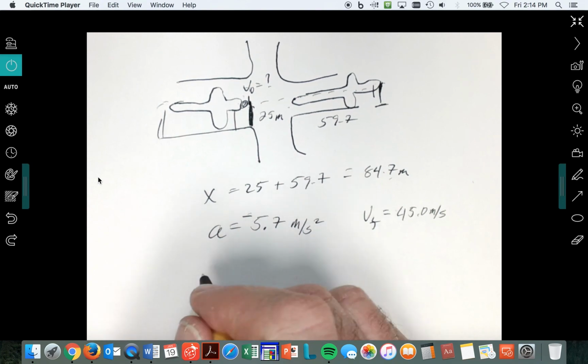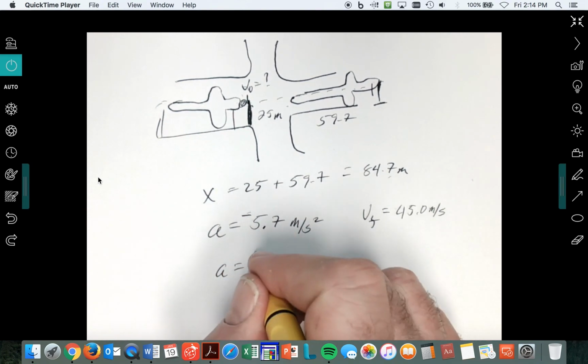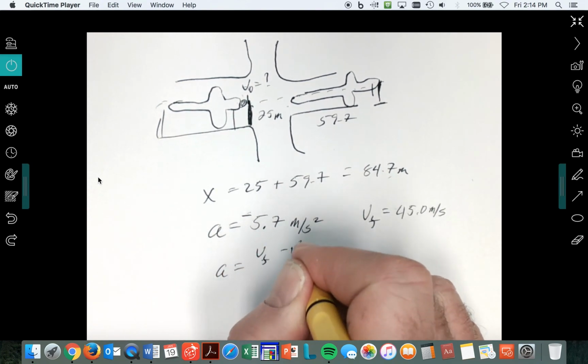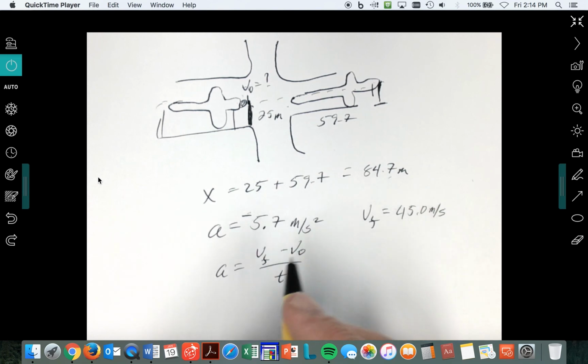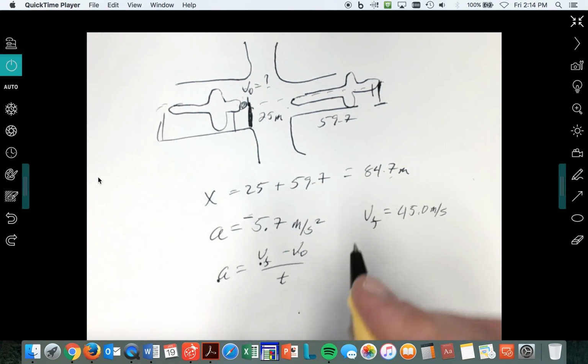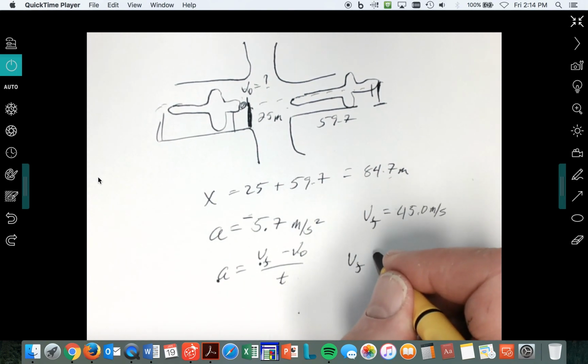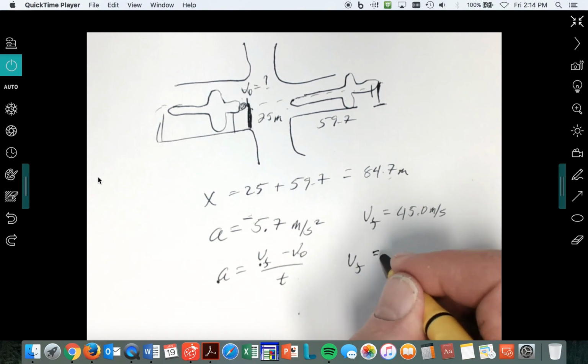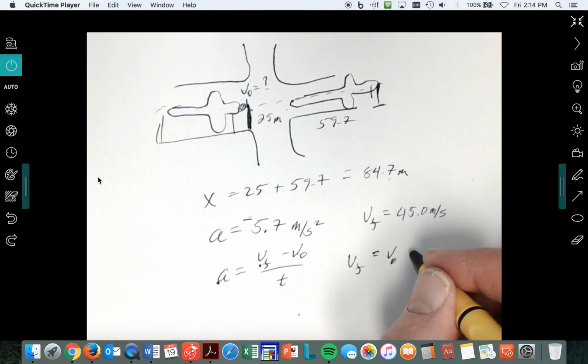Because look, I know the acceleration is equal to the final velocity minus the initial velocity over time. I've got that. But I don't have these two. So I've got final velocity is equal to the initial velocity, and in this case it's slowing down, so it's minus AT.